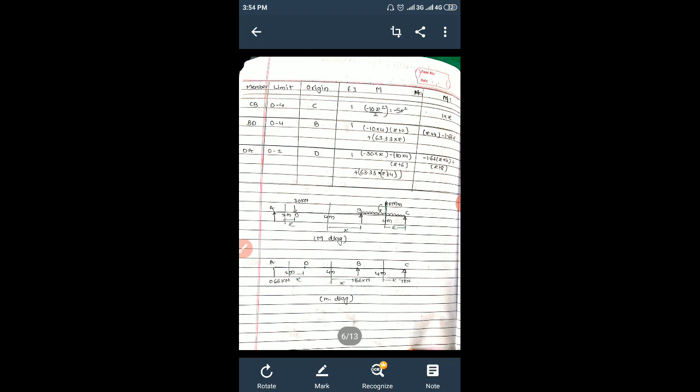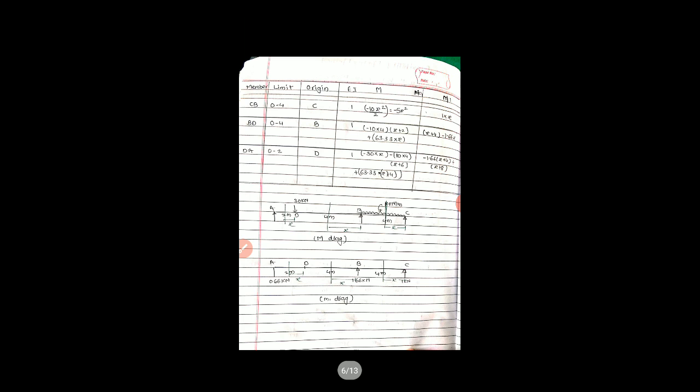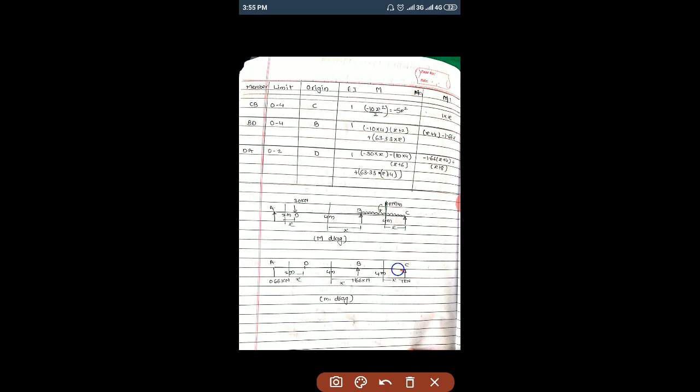Now moving towards the small M1 diagram, that is for the redundant diagram. Here we are going to do the same thing for this redundant case: cut the sections and calculate the loads or moments at that point. Now consider this BC or CB span, origin is C, limit is 0 to 4, the same applies for this M1 diagram. We have considered RC as redundant, that's why we have applied a unit load at the C point.